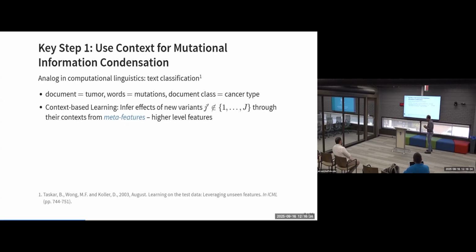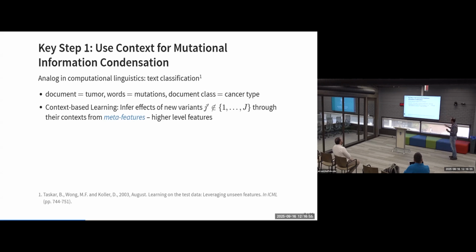Now, as we humans do, when we are reading text, we encounter new words. The way we try to infer the meaning of the new words is to look into the context. What context does this new word appear in? We try to guess the meaning of this new word based on the context.